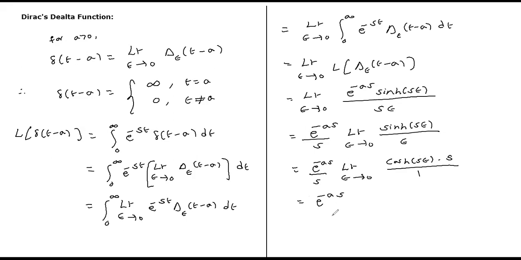Is it okay? Therefore, what is your conclusion? Laplace of delta of t minus a is equal to e power minus as. Okay, and how do we define Laplace of delta of t? We cannot substitute a equal to 0. Why? Because I defined the delta function for a greater than 0.